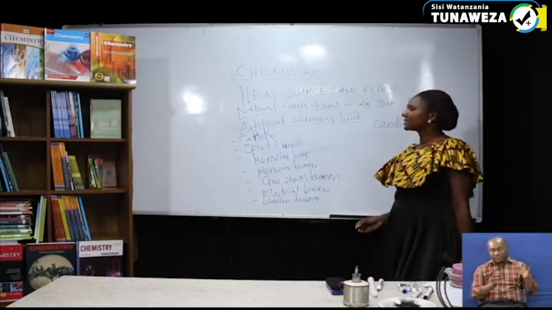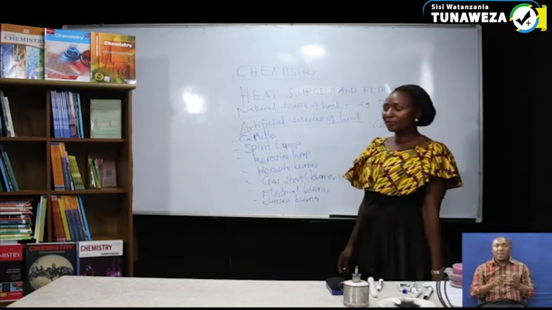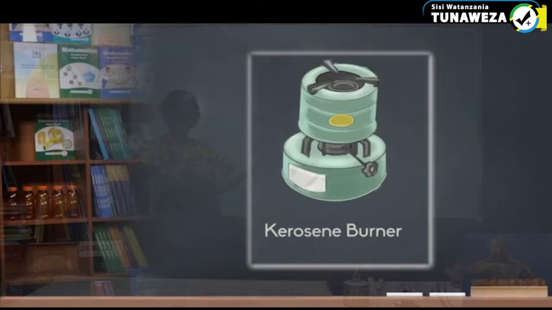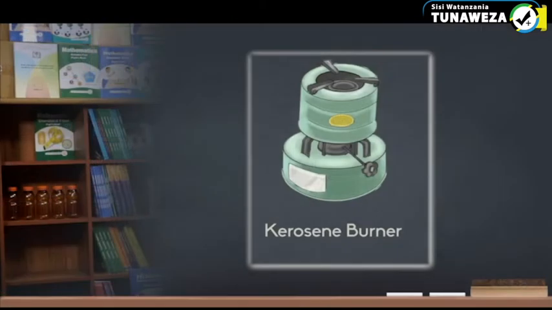Another is the kerosene burner. When you say kerosene burner, it also uses kerosene as the source of fuel. But the kerosene burner is different from the kerosene lamp because the kerosene burner produces a blue flame.